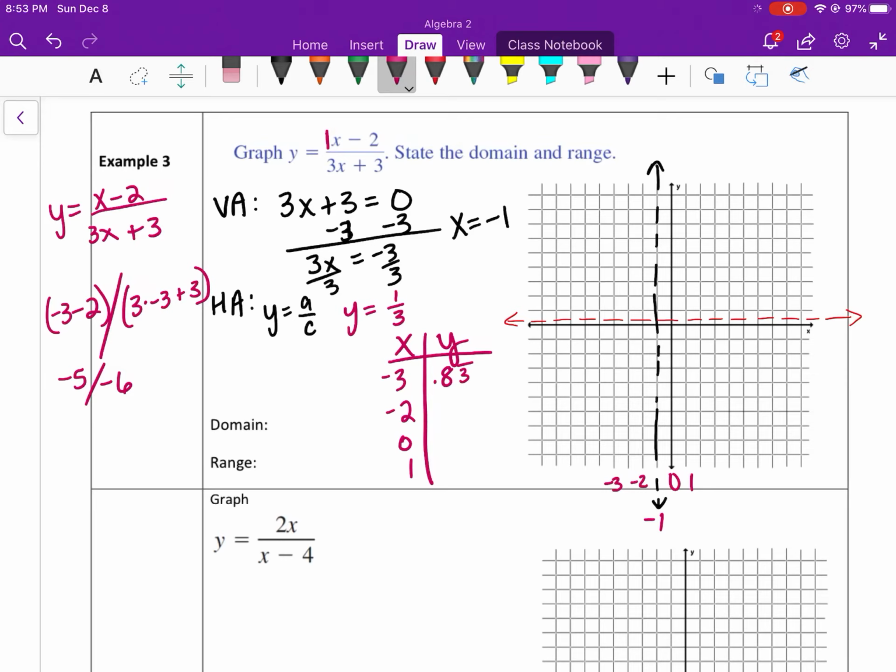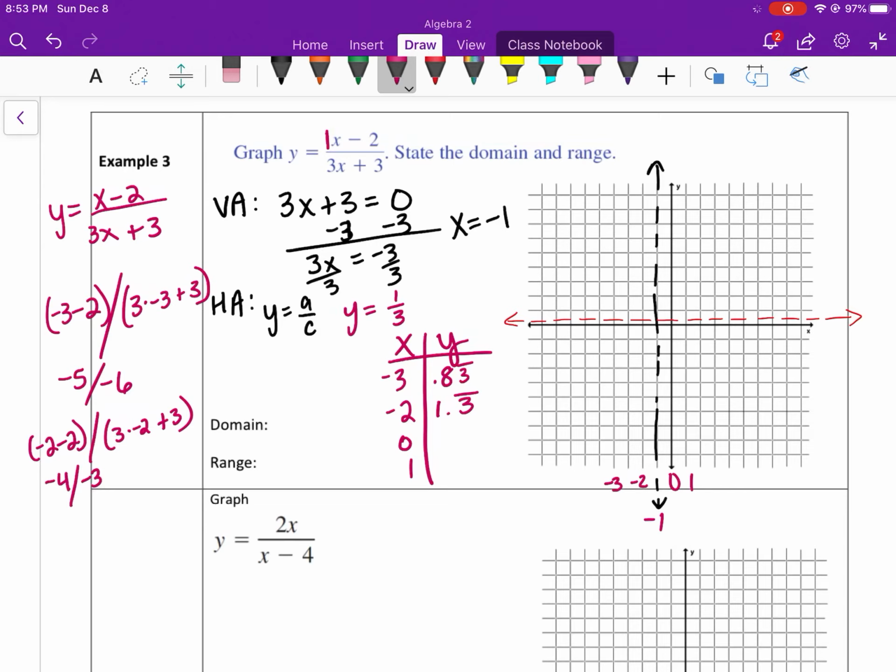Positive. So if I plug in -2, I'm getting -2 minus 2 on top, divided by 3 times -2 plus 3, be -4 divided by -3, which would be 4/3, which is 1.3 repeating.